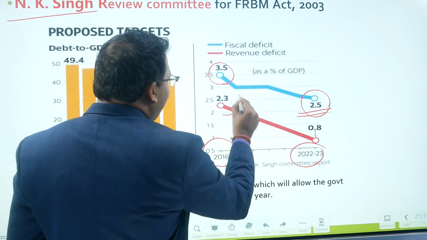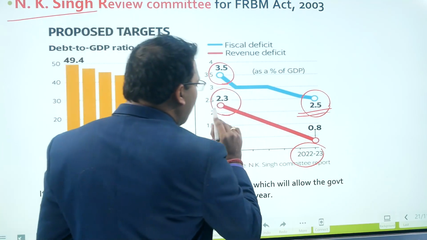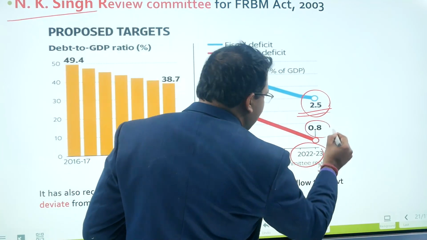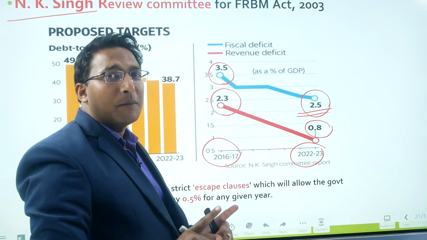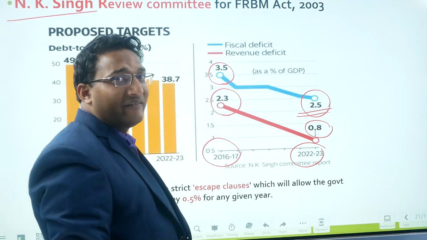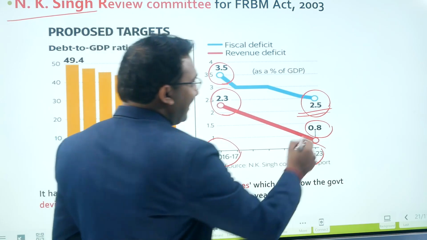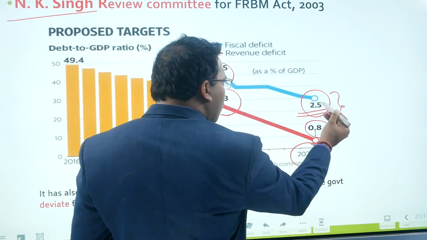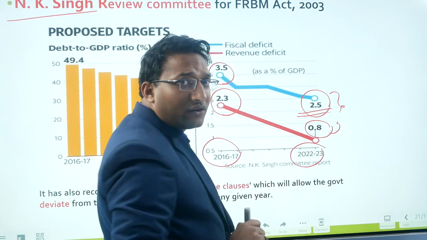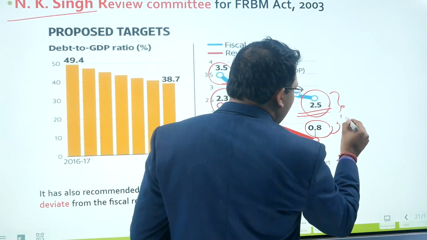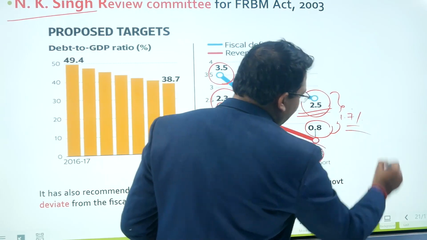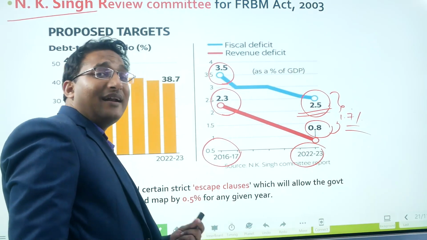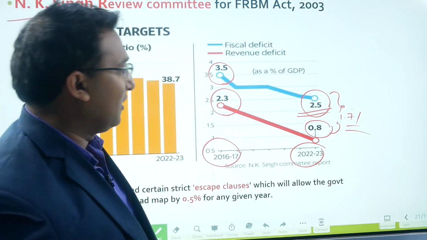For the revenue deficit, from 2.3% to 0.8%. That means 0.8% is the acceptable limit for the revenue deficit. If we compare both, out of 2.5, 0.8 is for the revenue deficit. That means 1.7% should be the deficit because of the capital expenditure. So this much is acceptable.